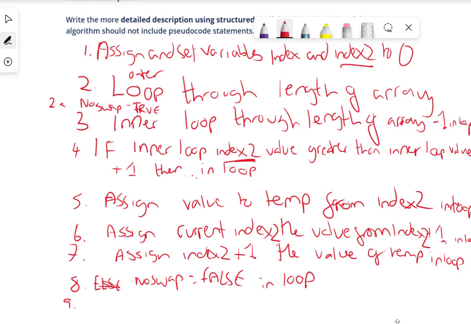And finally, if no swap equals true, break loop. To make it efficient, we could have used a while loop as well, but whatever, this is our flag. So I could have done this as a while loop and then just used a flag for that as well.